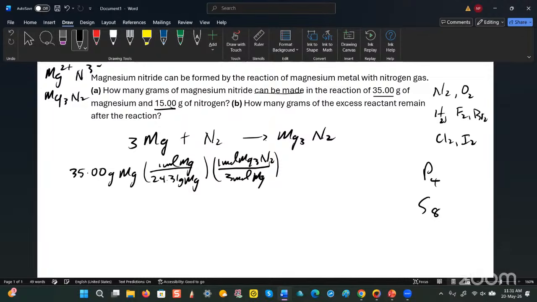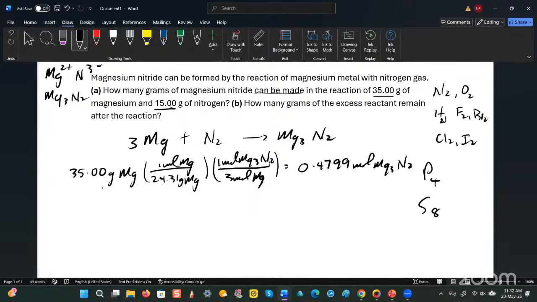Then I'll work this out: 35 divided by 24.31 divided by 3. According to my calculation, that would be 0.4799 moles of Mg3N2. So this mole value is based on one of the reactants, the magnesium.